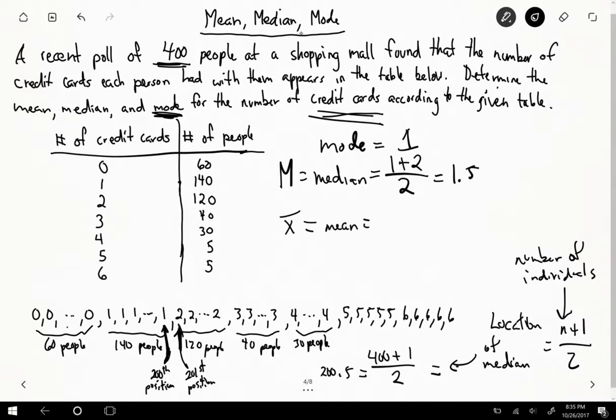Now I could sum up everything individually, but luckily we learned back in elementary school, if I have 60 zeros added up, I can write that as 0 times 60. Same thing with ones.